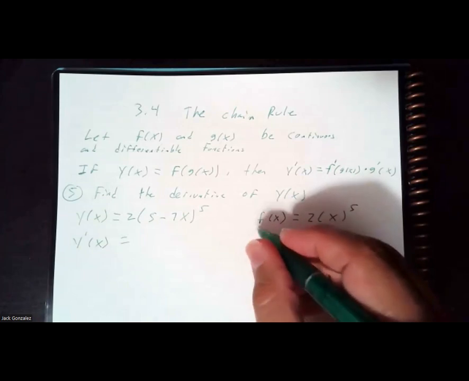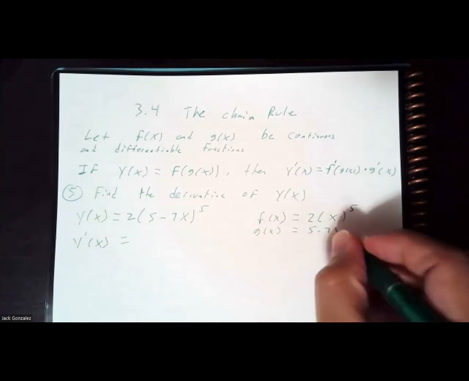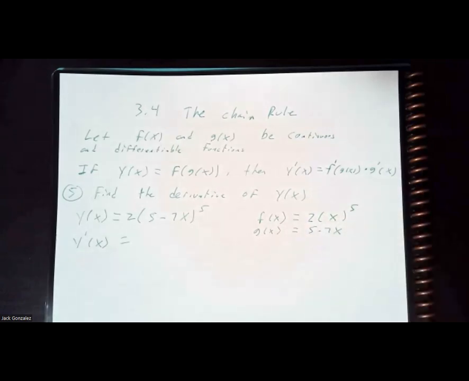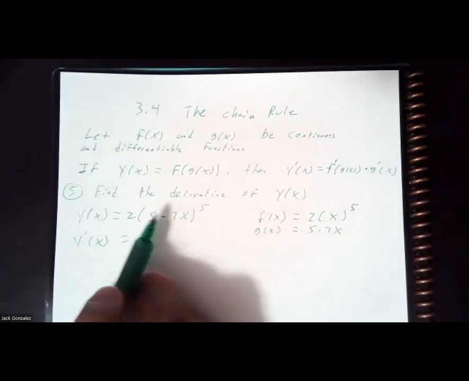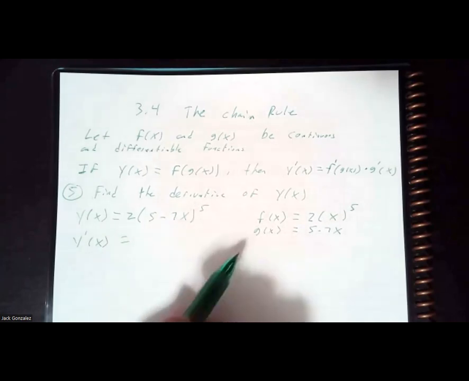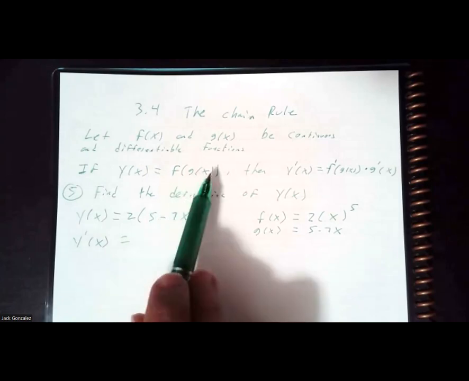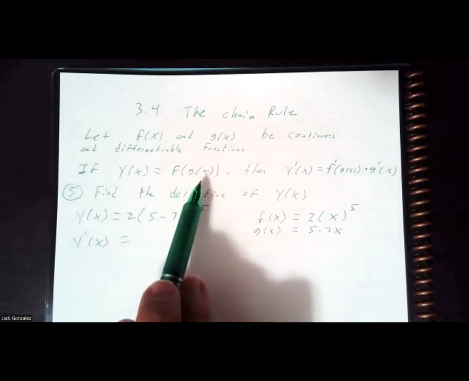The inside function is equal to 5 minus 7x. That's kind of how I want you to think about it. This outside function is a 5th power function, and I'm putting this inside, hence a composite style. Does that make sense?